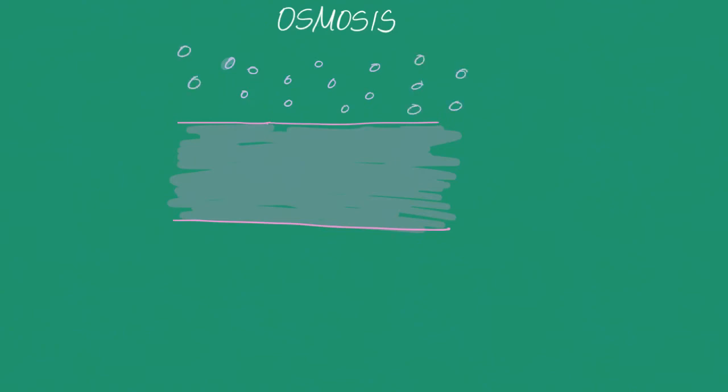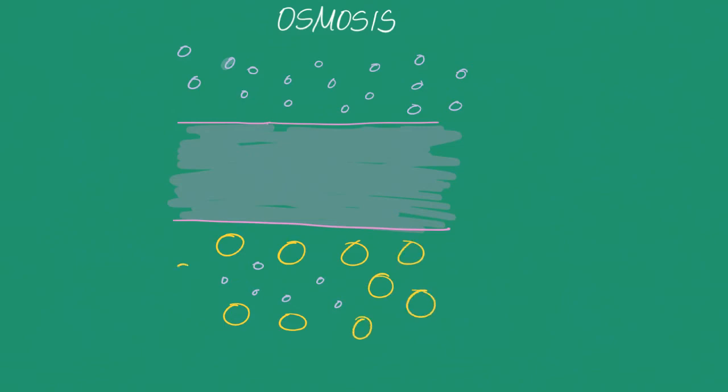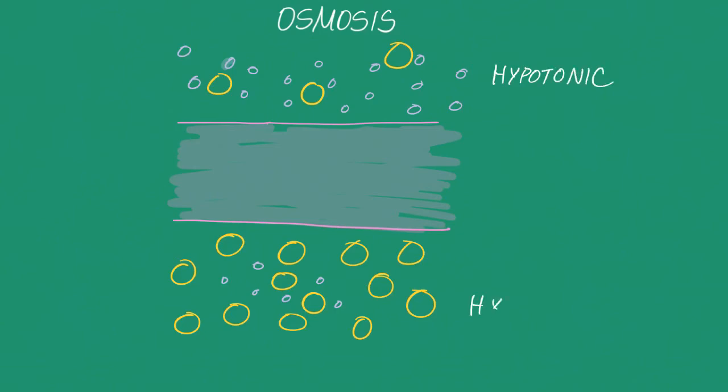Let's imagine that this is the outside of the cell and those little lavender circles are water molecules. On the other side is the inside of the cell, and what you see in yellow are the solute particles. The outside of the cell has fewer solute particles and more water molecules, and so we say that it is hypotonic.